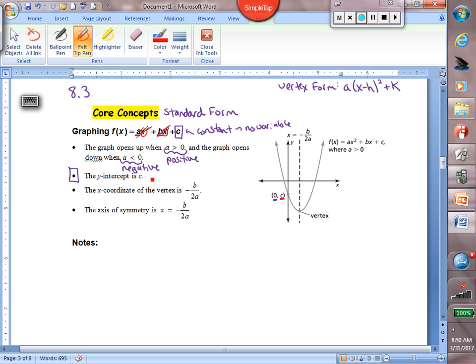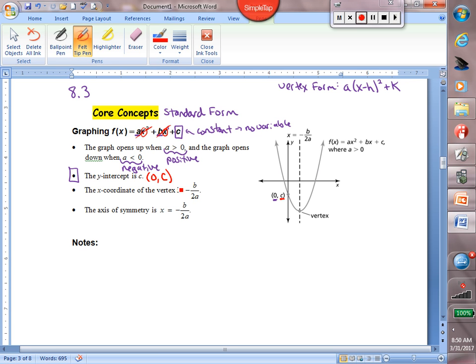So the y-intercept is always going to be 0 for the x, and then whatever our constant is, that number without a variable, will be our y value. So there's one easy point for us to find: the y-intercept. It's just whatever our constant is.